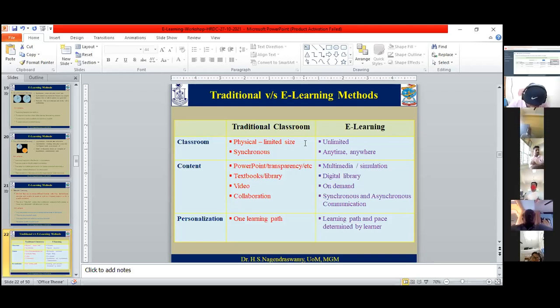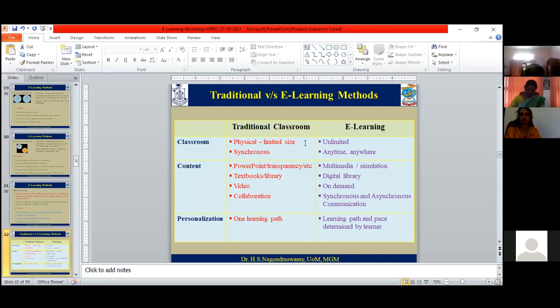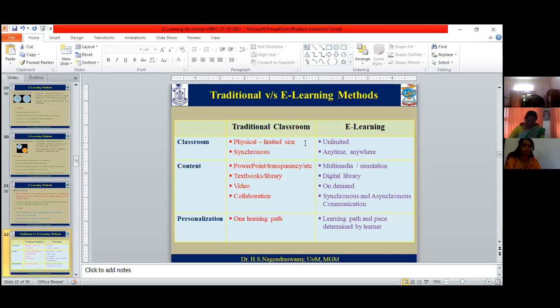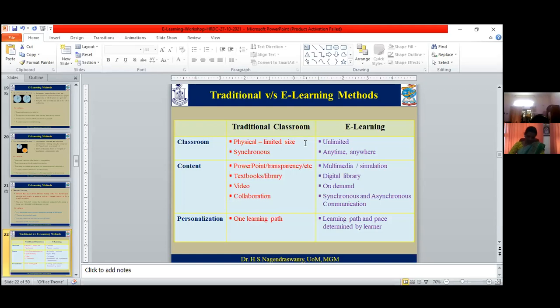That's unlimited, anywhere and anytime. But when it comes to synchronous, it's not anytime because it should be real time. If it's asynchronous, then it can be anytime. But in synchronous mode, it can still be anywhere, right? Whether you are at office or at home or wherever you are, you can attend. So that's the difference between the traditional classroom and the e-learning classroom.